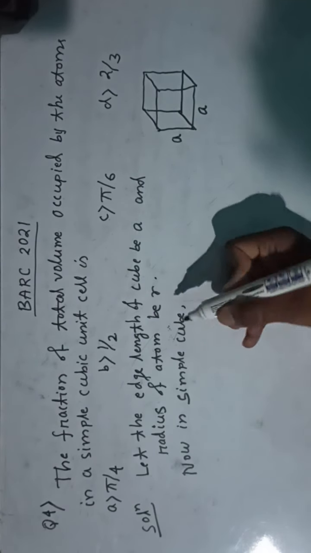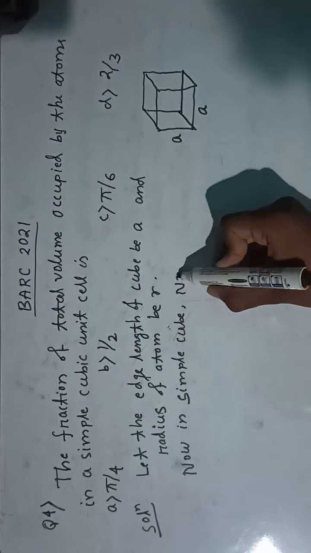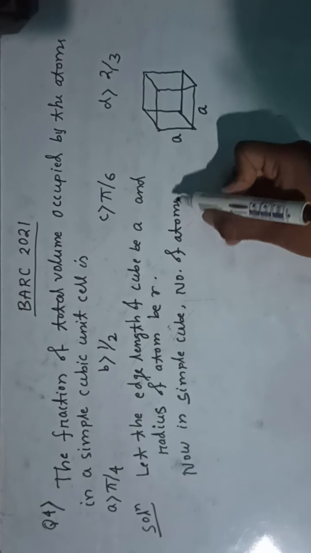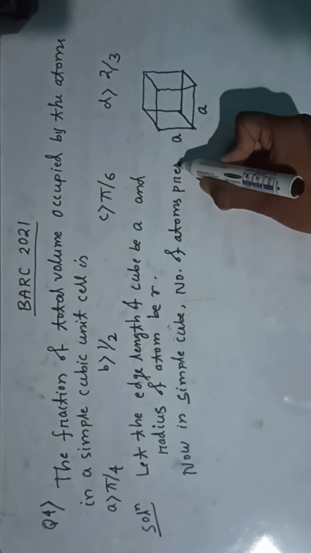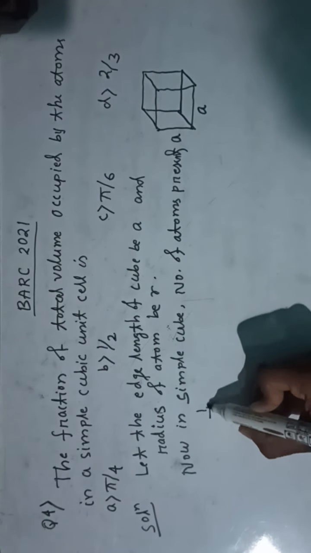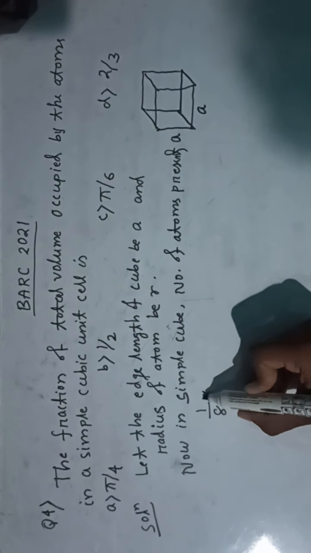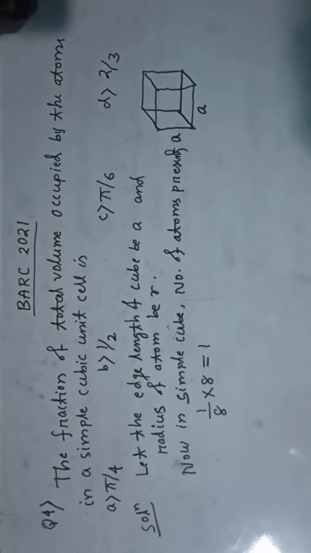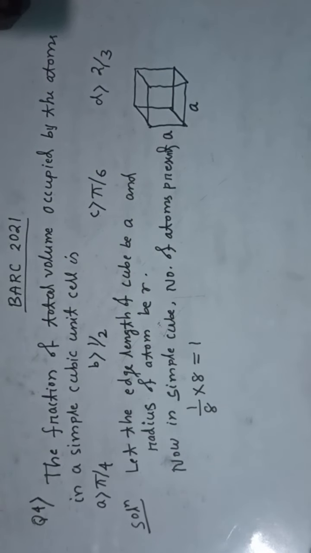Now in a simple cubic system, we know the number of atoms present. The formula is 1/8 into 8, so this will be 1. So the number of atoms present here will be 1.